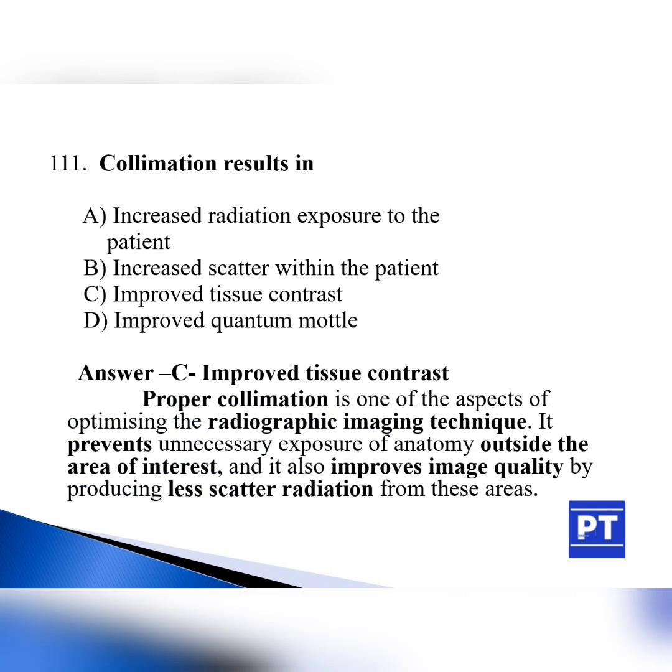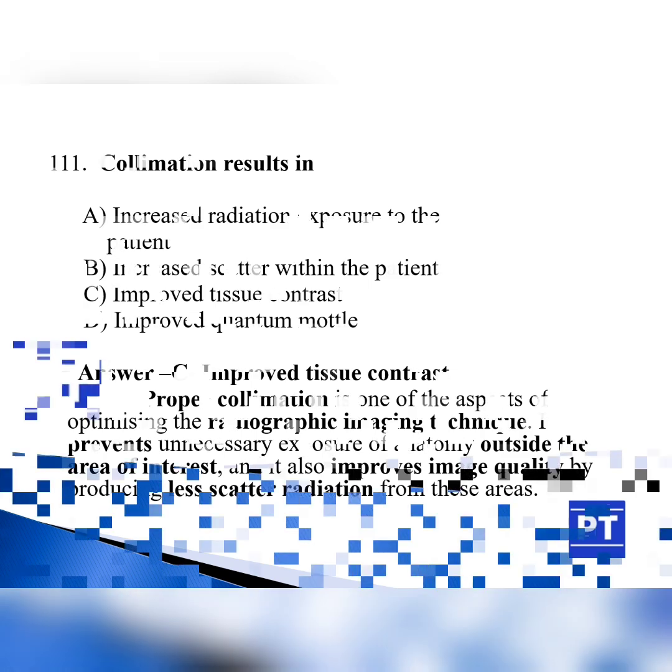Proper collimation is one of the aspects of optimizing the radiographic imaging technique. It prevents unnecessary exposure of anatomy outside the area of interest, and it also improves image quality by producing less scatter radiation from these areas.